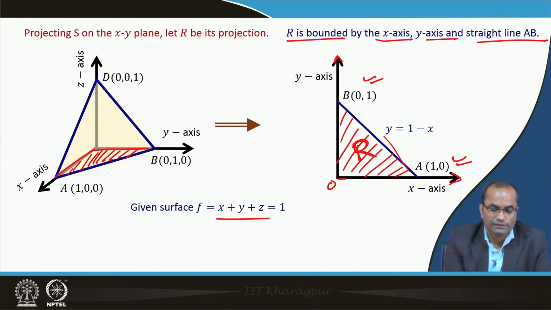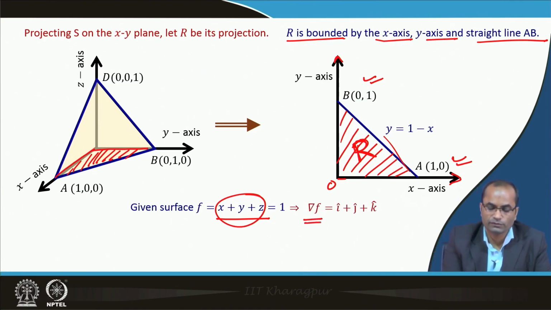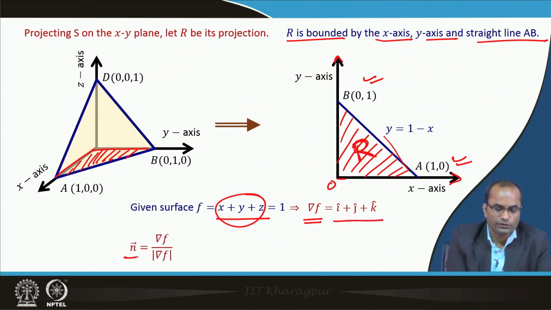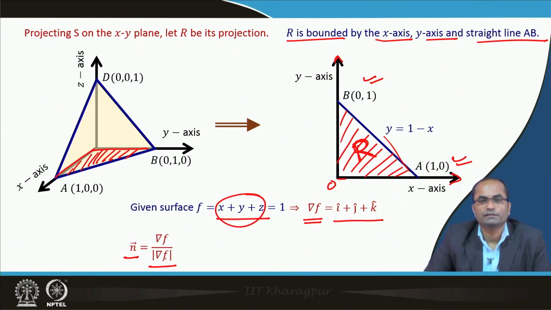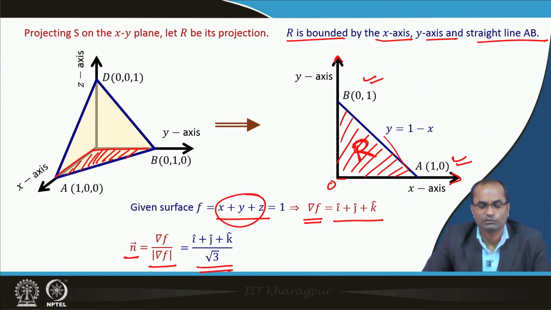Given the surface, we have x plus y plus z equal to 1. We will take this f and we can compute the unit normal vector. For that we need to compute grad f, that is i plus j plus k, and for the unit normal we have to divide by its magnitude, and we will get i plus j plus k divided by its magnitude, which is square root 3.